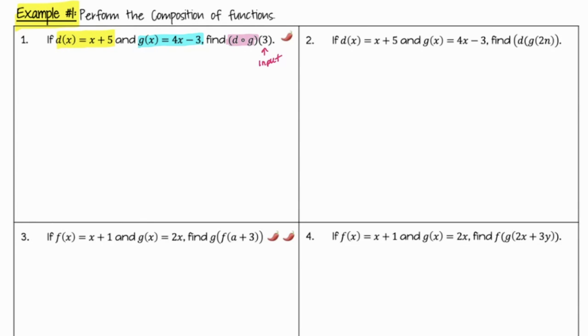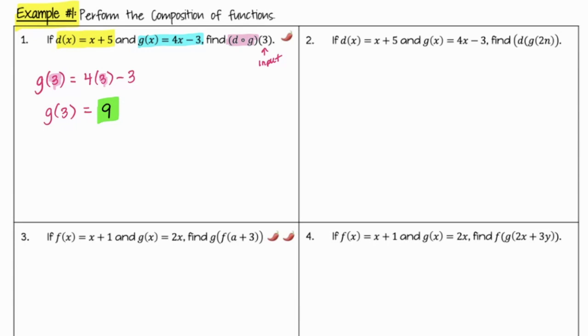So what this means is start with g of x first. So I'm doing g where my input is 3. I'm going to input this input into the function. I'm going to compute. All right, so I end up with an output of 9.